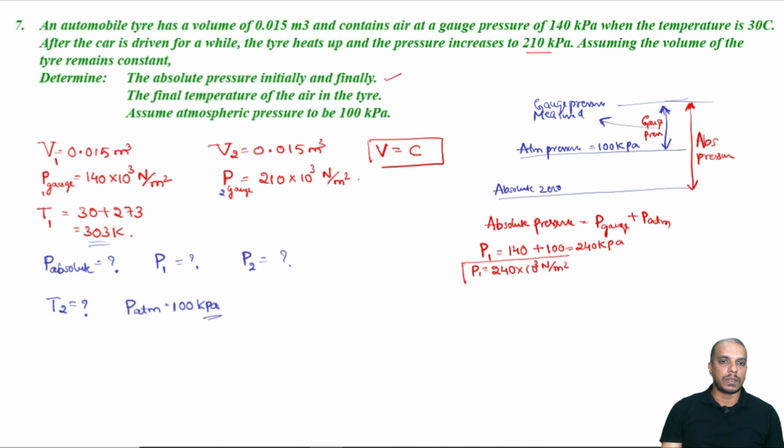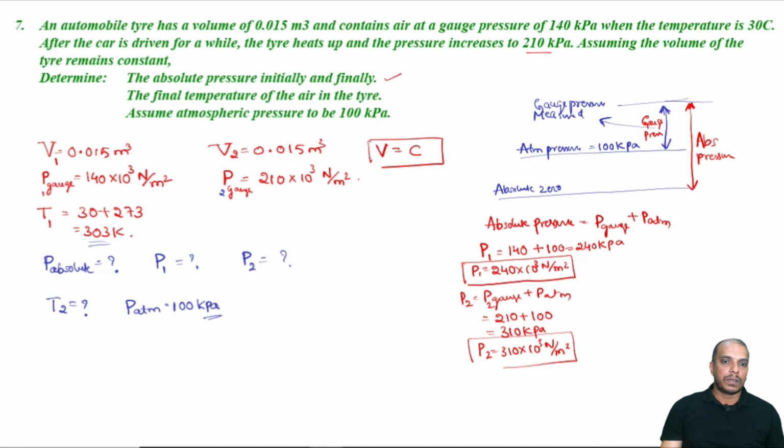Similarly, for final pressure, P2 is equal to P gauge 2 plus P atmospheric, that is 210 plus 100, so that is 310 kilopascal, or 310 into 10 power 3 Newton per meter square.